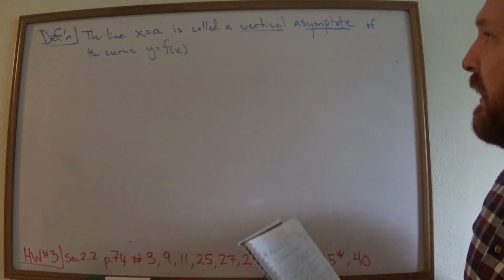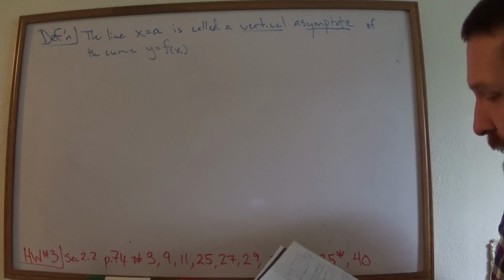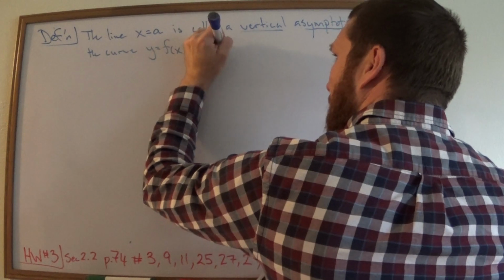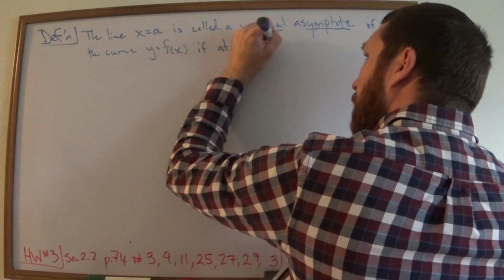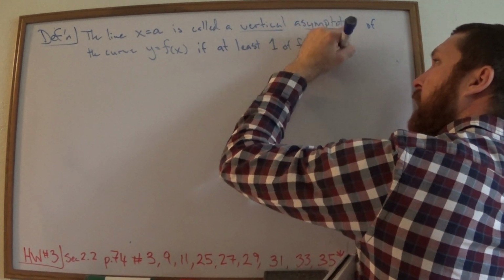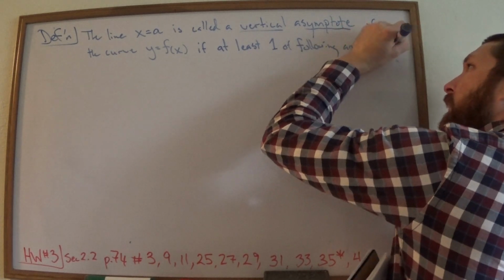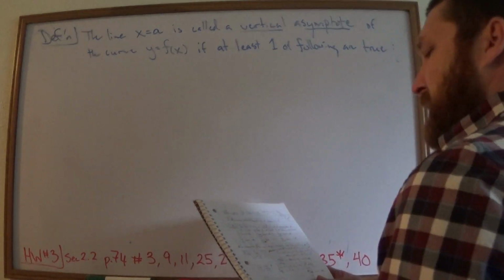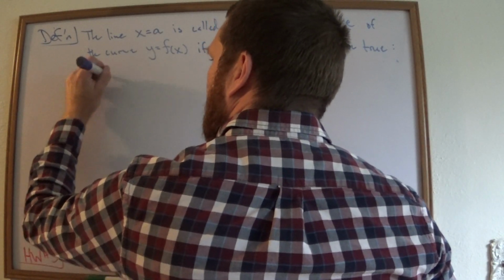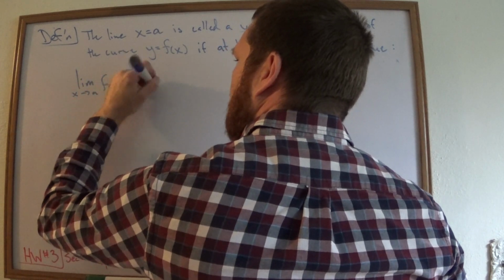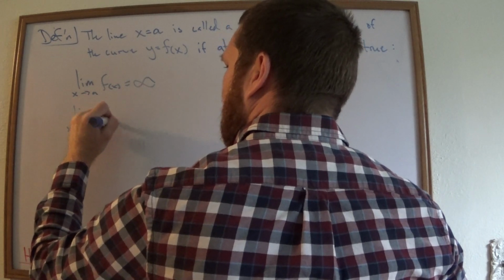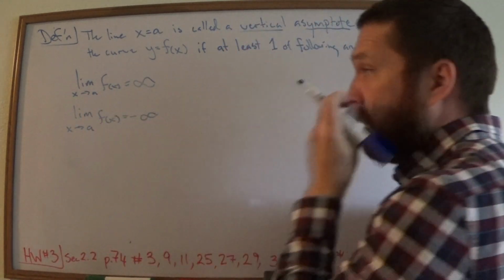Okay, the line x equals a is called a vertical asymptote of the curve y equals f of x if at least one of the following is true. And here are the 6 possibilities. The limit as x goes to a of f of x equals infinity. Or the limit as x goes to a of f of x equals negative infinity.